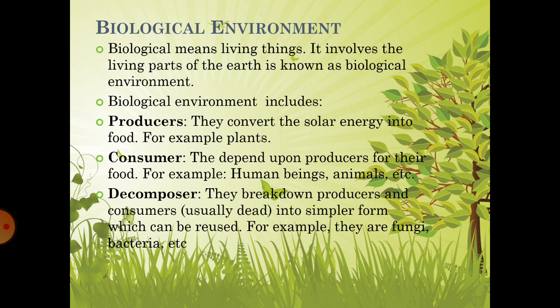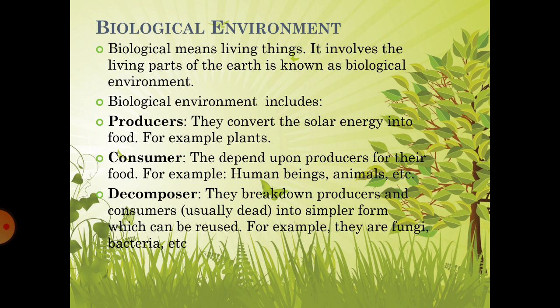Second type of environment is biological environment. Biological means living things. All the living components of environment are the biological environment. It involves the living part of earth. It includes producers who convert the solar energy into food, for example plants.